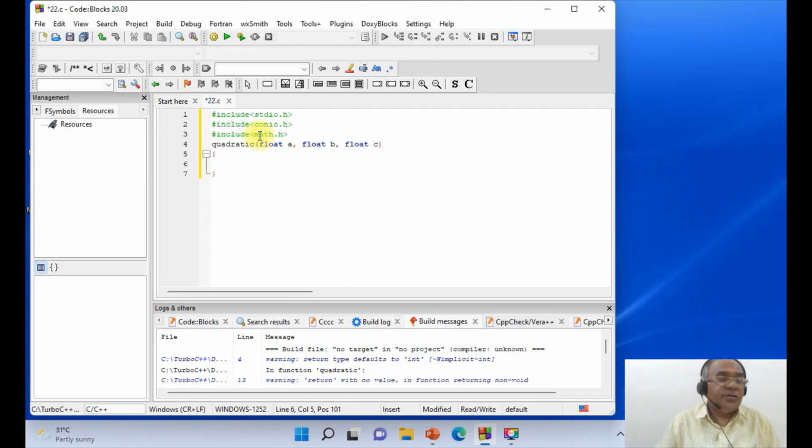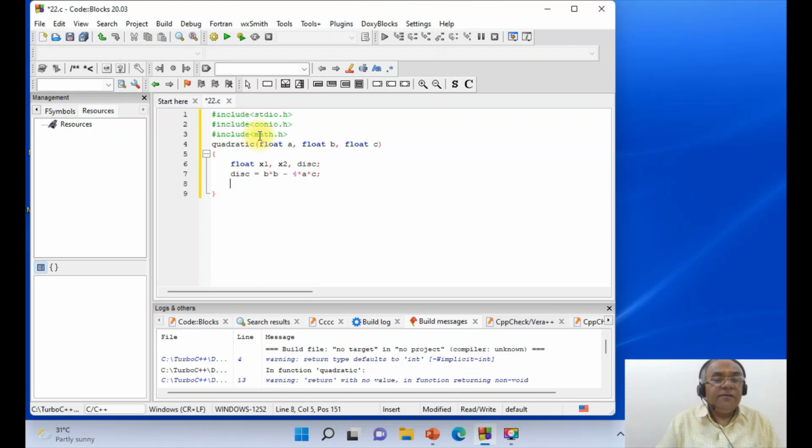We declare the variables, the roots x1 and x2. I will consider b square minus 4ac as a variable, the discriminant value. So disc is equal to b star b minus 4 star a star c.